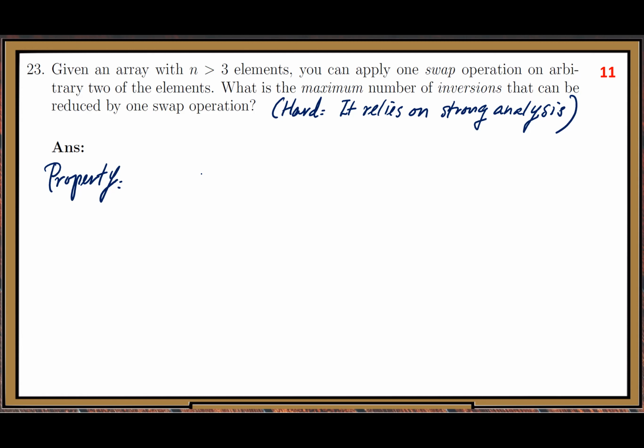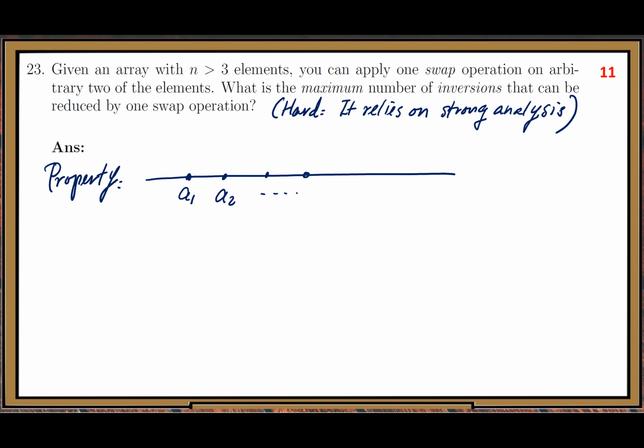So let's consider we have an array with n elements: A1, A2, dot dot dot.